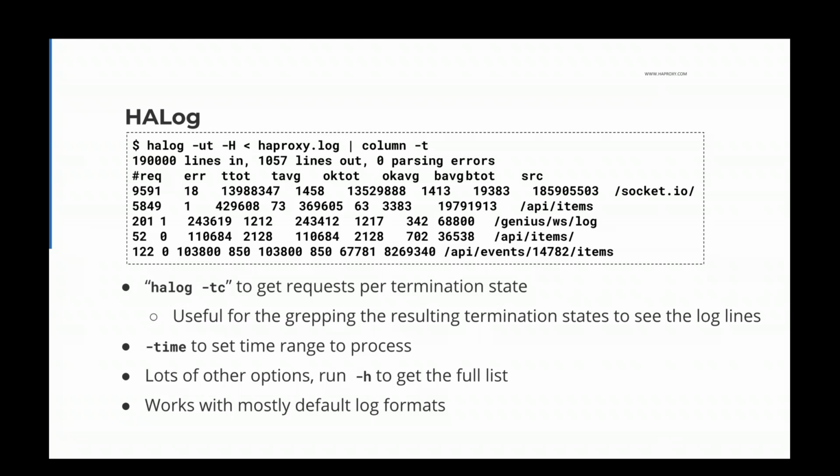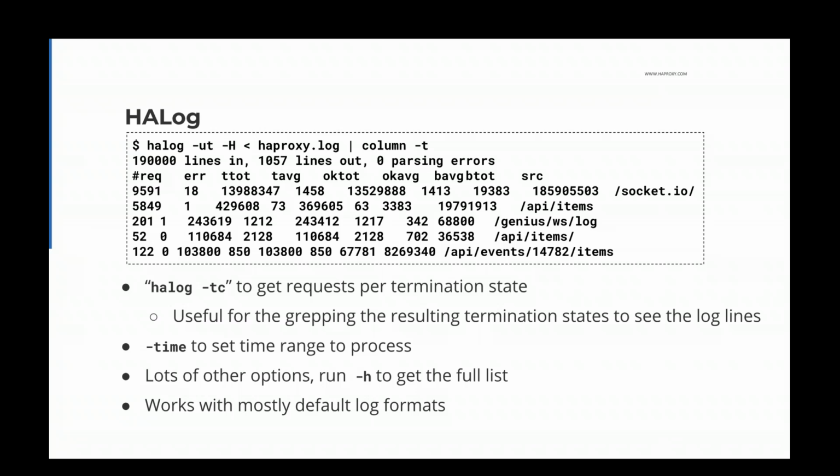You can use the -time argument in order to give halog a time range to extract from. So if you know you had a problem somewhere between 3 and 4 in the morning, you use -time to specify that time range, so that you can only look at logs from that particular window, even if you are doing the usual logging, one log file every 24 hours.